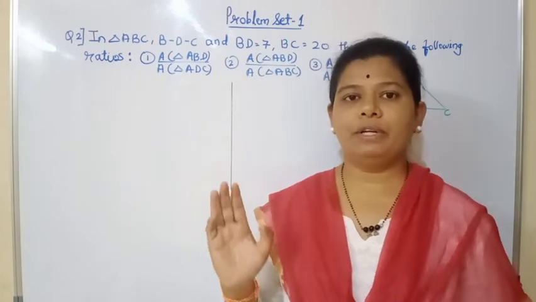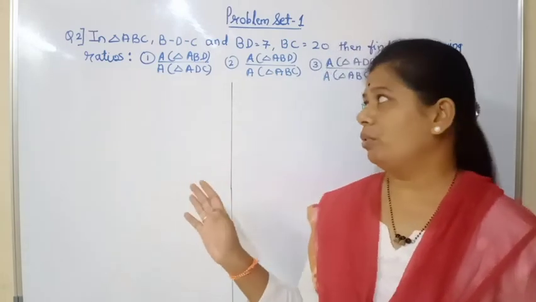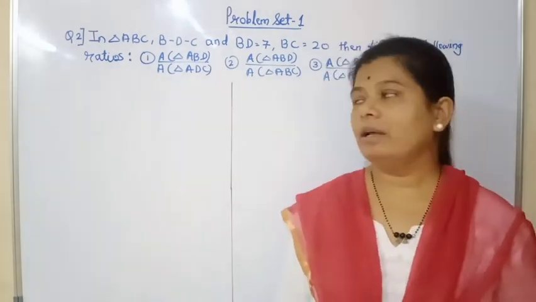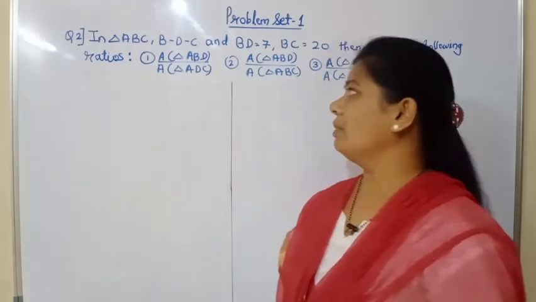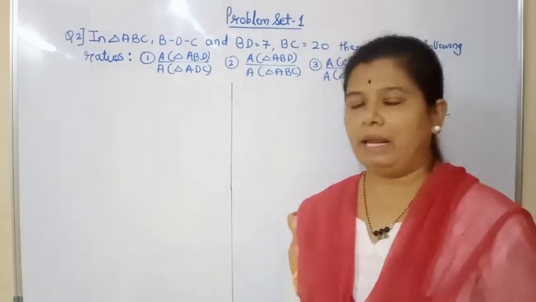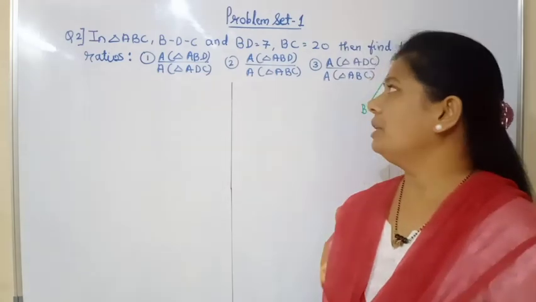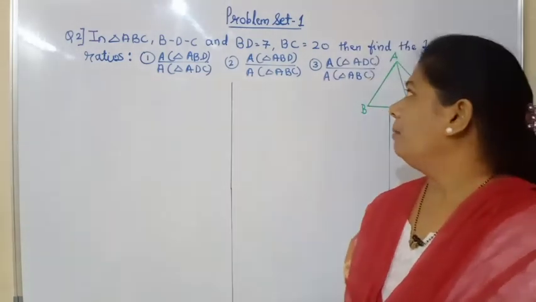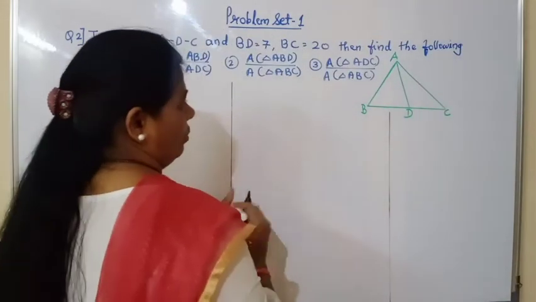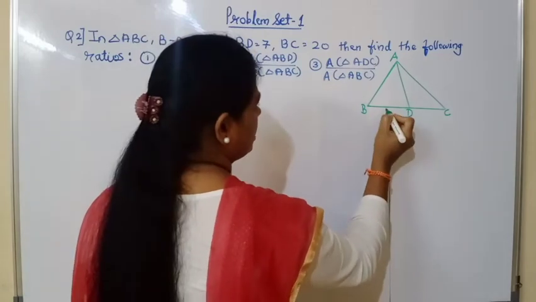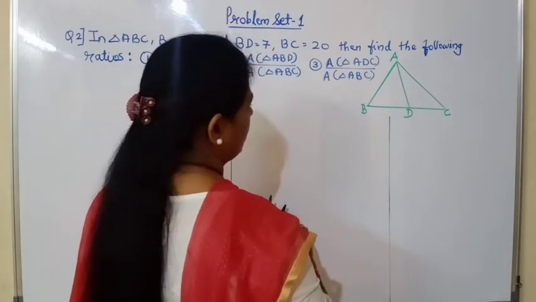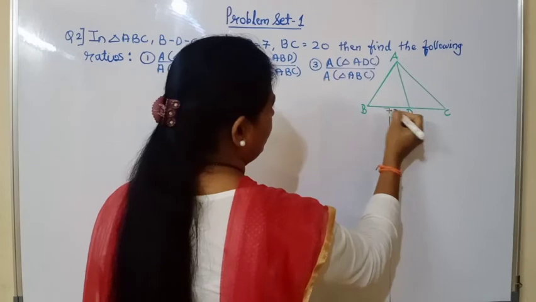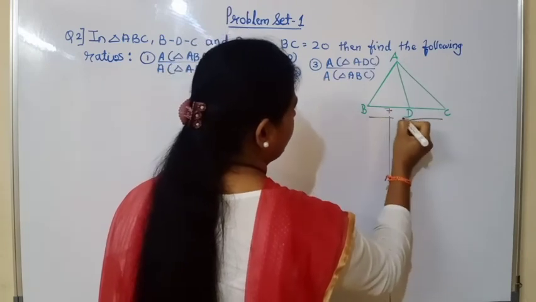So I have written the second question on the board. As you can see, the question is given here: in triangle ABC, point D lies on BC, and BD is equal to 7. So here the measurement is given as BD equal to 7 and BC is 20.